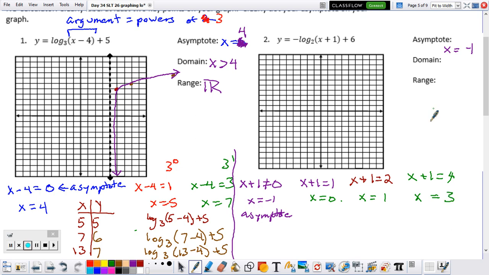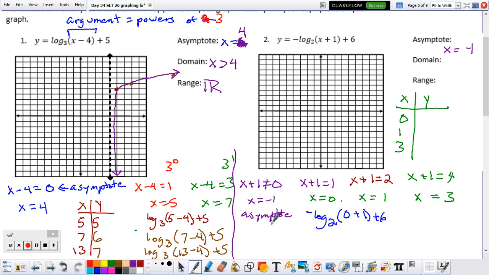So those are the 3 values that are going to go in my table. 0, 1, and 3. And I'm going to go ahead and evaluate these now. And I'm just going to plug them into the original equation. I've got negative log base 2 of 0 plus 1 plus 6.